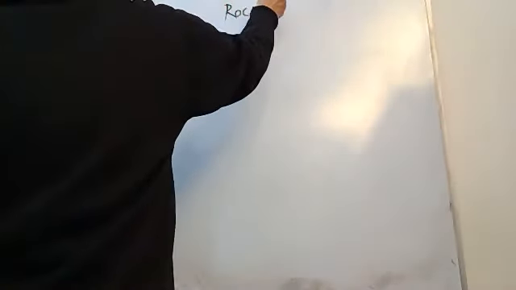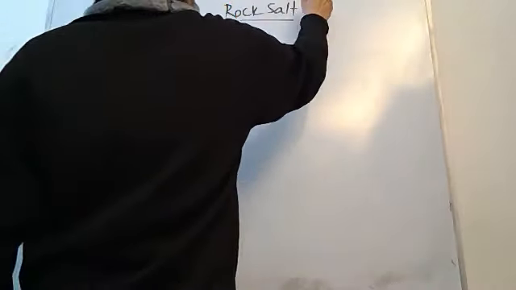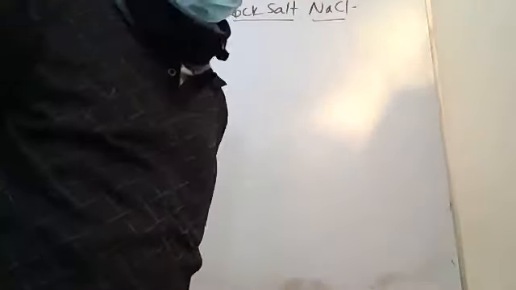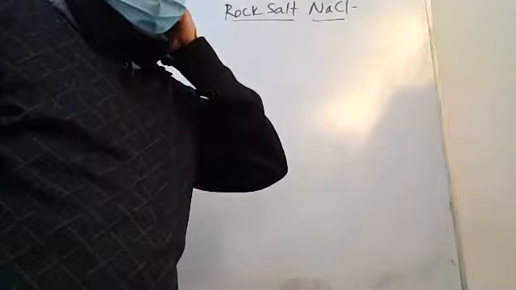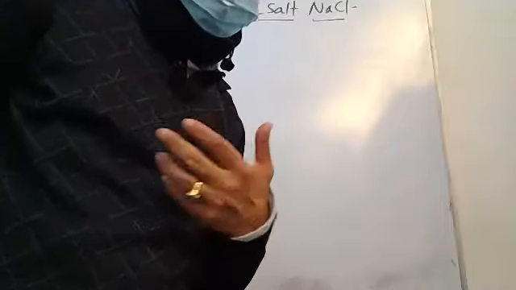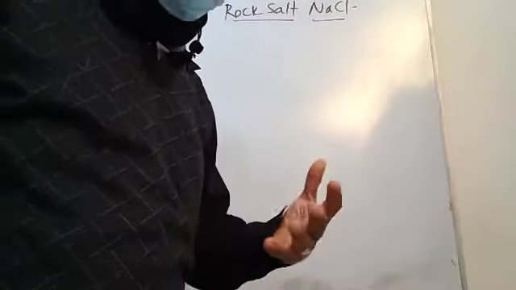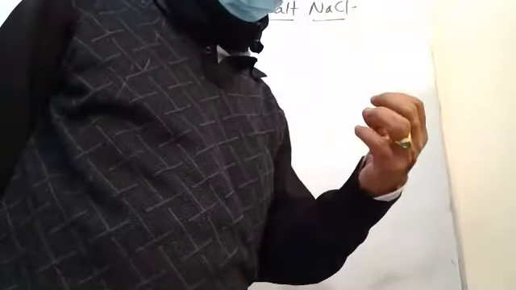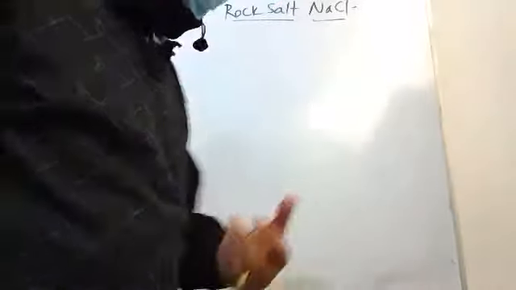Let's start with the rock salt structure. We all know about rock salt. That's sodium chloride. So how do we understand the crystal structure of sodium chloride? There are many, many ways of imagining the structures, but one elegant way of looking at crystal structures is looking at their arrangement and trying to understand the relationship between the structure and the tetrahedral or octahedral holes.